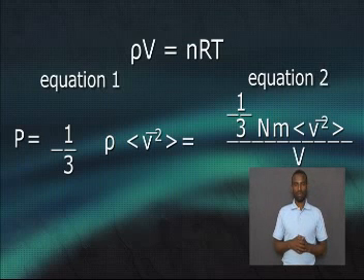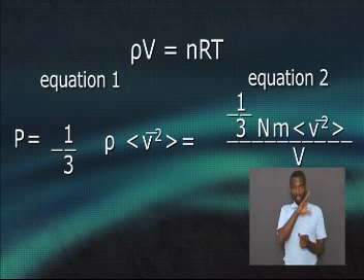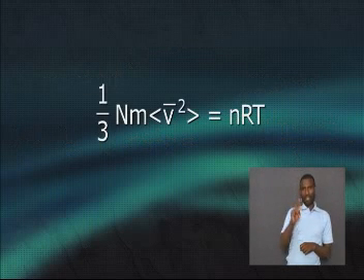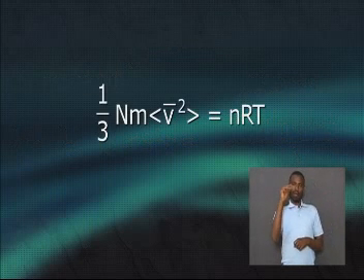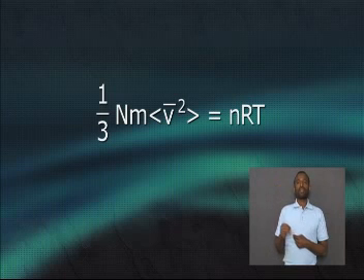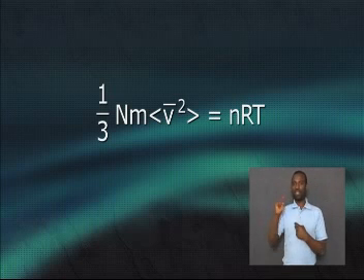Resolving for pressure and volume in both equations gives us 1/3 the number of particles times the mass multiplied by the mean square speed equals the number of moles times the molar gas constant multiplied by absolute temperature.